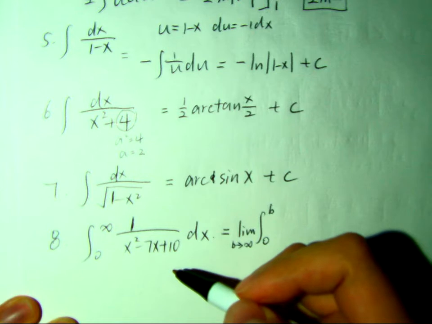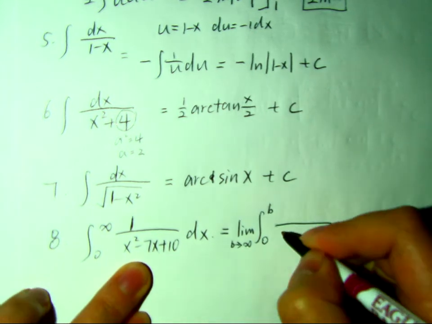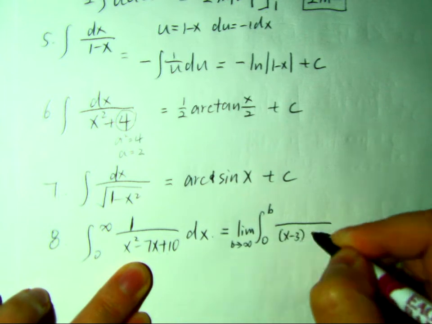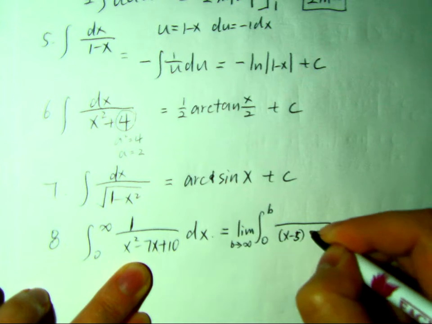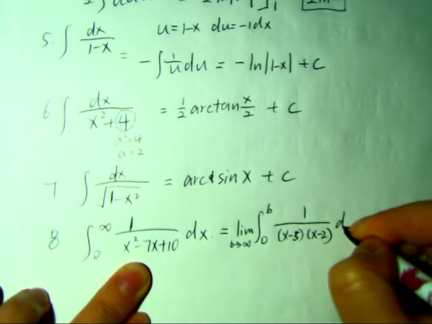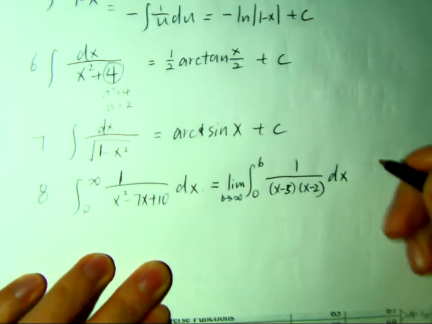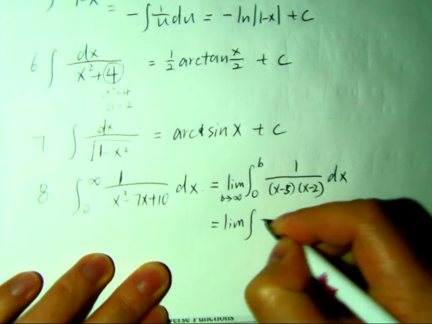By using partial fractions, you need to factor this denominator. So we factor this to x minus 3, x minus 5, and x minus 2, and keep 1 on the top. After we factor this denominator, you're able to separate this.